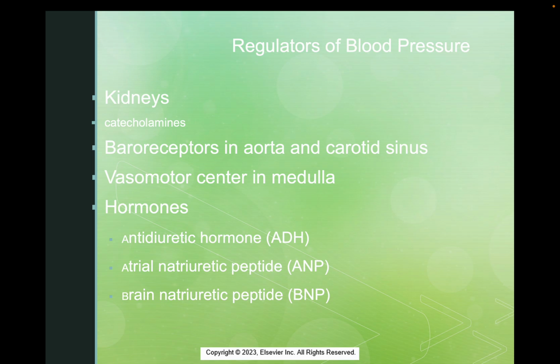Baroreceptors are the receptors inside the vessel walls that detect whether your blood pressure needs to be elevated or lowered, based on all of those hormone secretions, and they live in the aorta and carotid sinus.